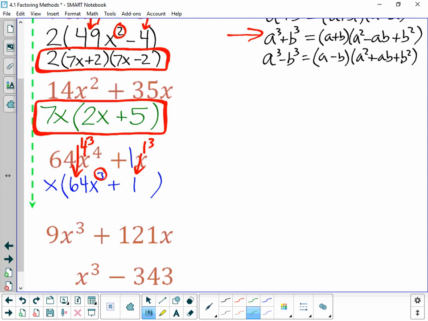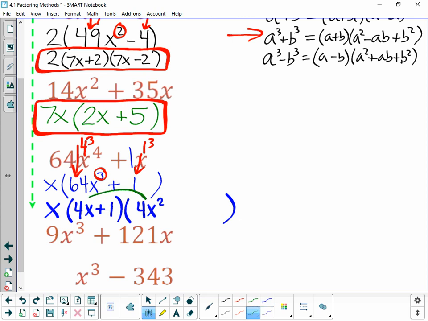So this 64 is a 4 to the third power. So when we factor it, it is going to be a 4x here plus 1. Now our pattern tells us that this next term, the beginning of the trinomial factor, is going to be an a squared. Sometimes people make the mistake of saying, okay, this is 4x squared. But what you're forgetting is that the 4 is also squared.